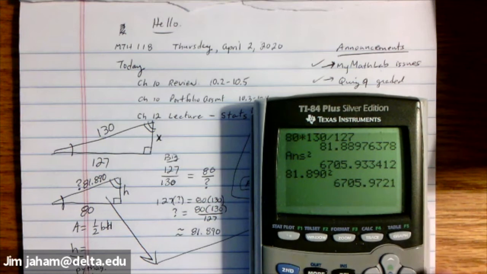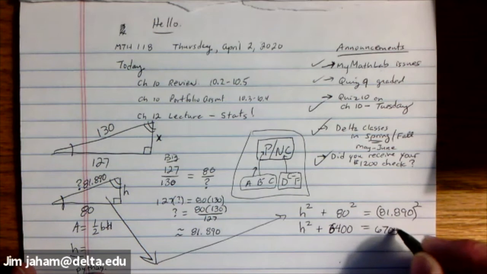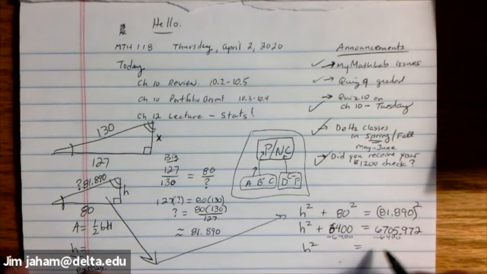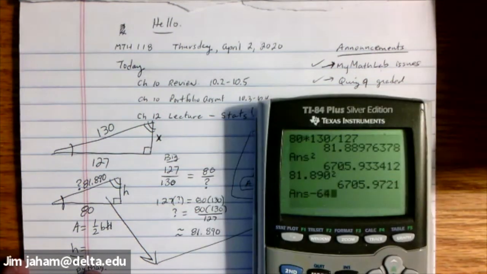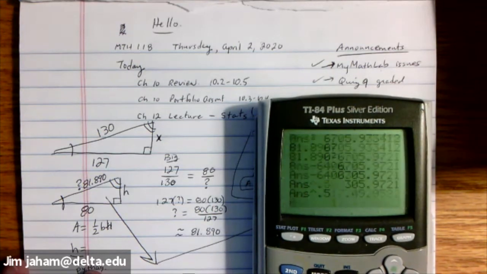I'm going to use this number, the 6705.972 number. I'll subtract 6,400 from both sides, and that will give me h squared equals 305.972. And then if I take the square root of both sides, h is going to be equal to the square root of that number.